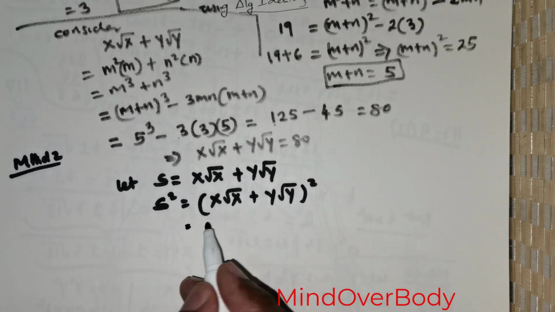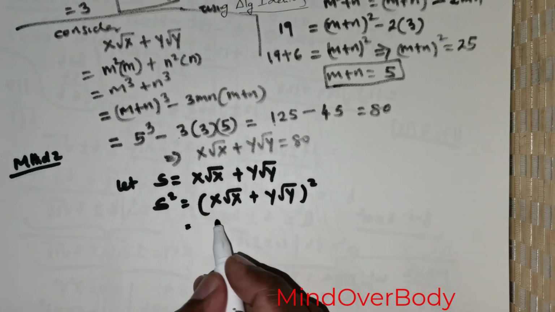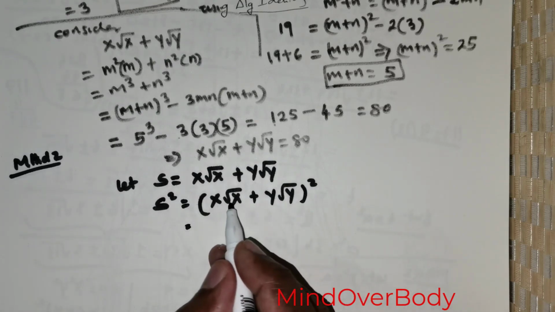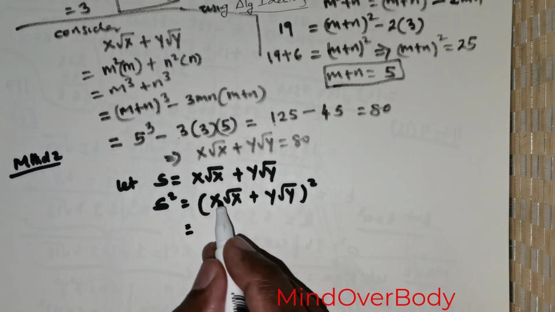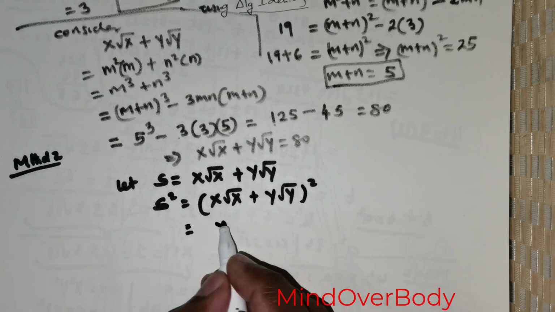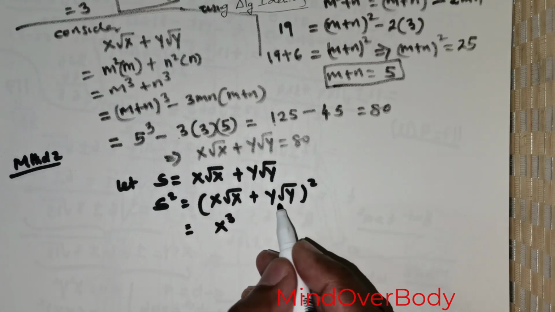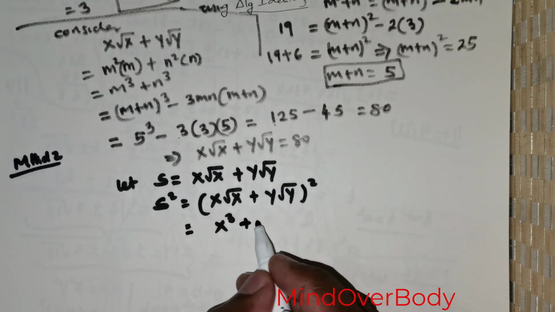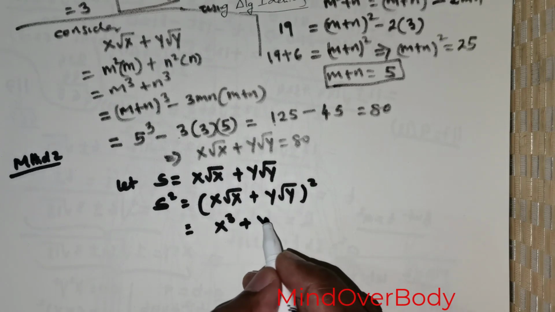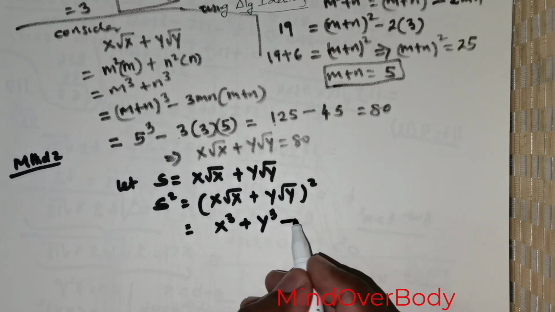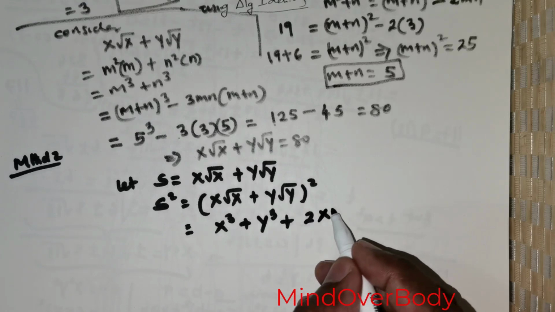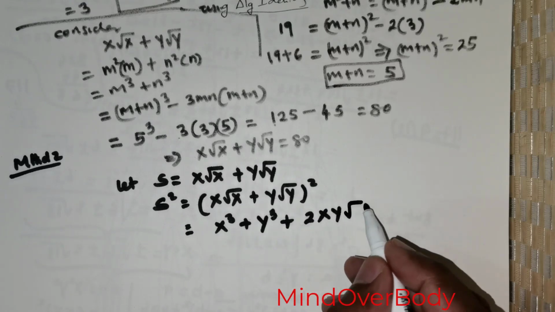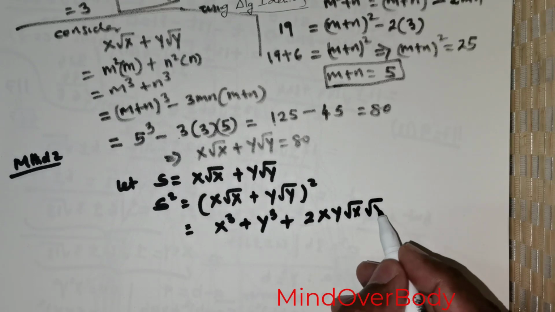So if we were to expand this, this is going to give me x squared times x, so this is going to give me x cubed. And this is going to give me y cubed. Positive 2 times x times y times root of x times root of y.